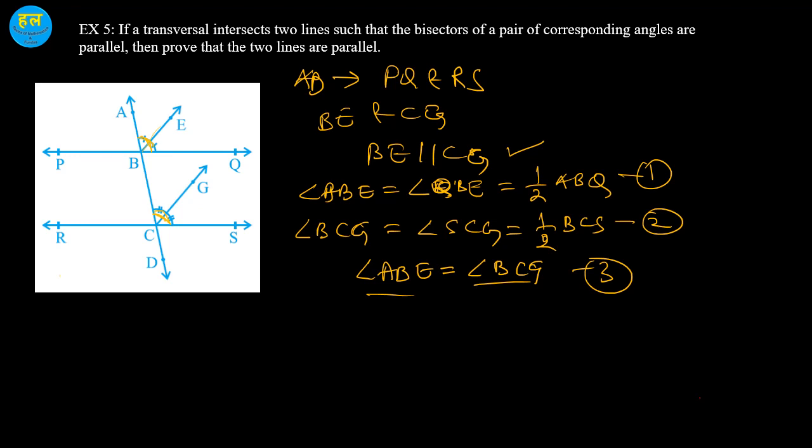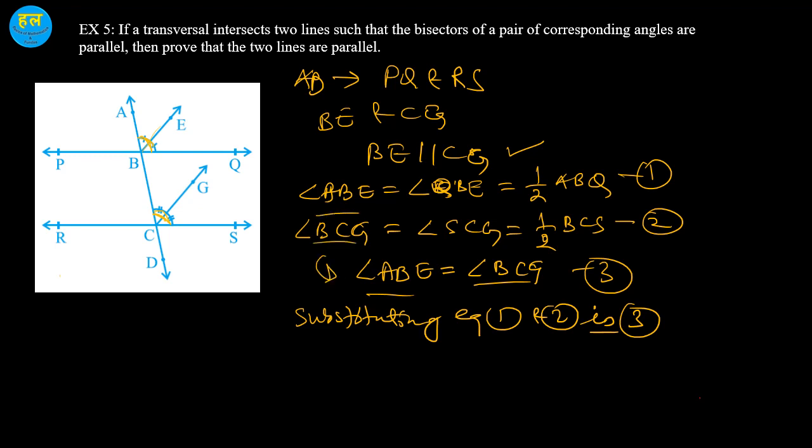Substituting equations 1 and 2 in 3, we put the value of ABE and BCG in 3. So half ABQ is equal to half BCS, half cancels. So ABQ is equal to BCS.